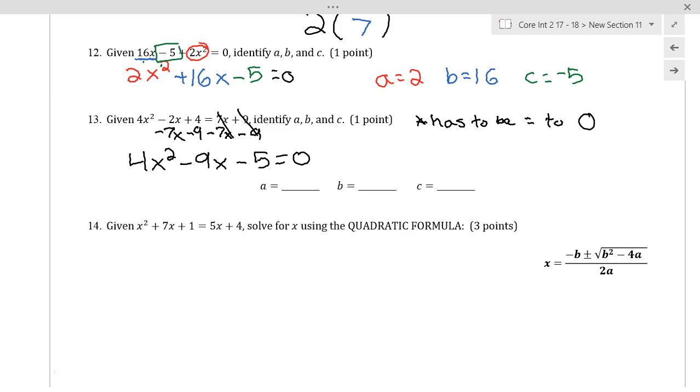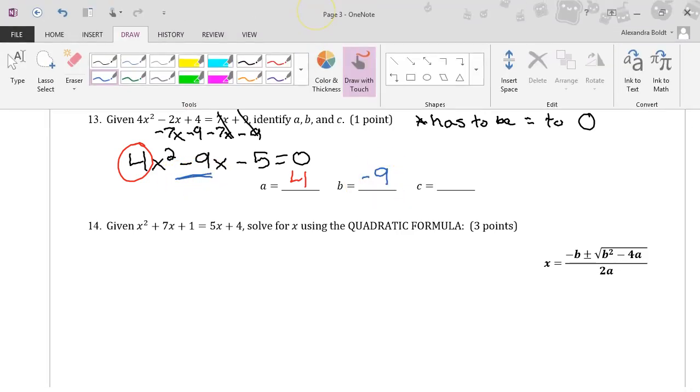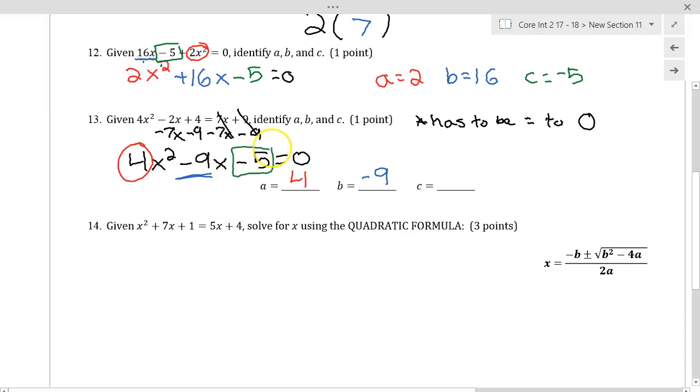So I have 4x squared minus 9x minus 5 equals 0. So A is 4, B is negative 9, and C is negative 5.